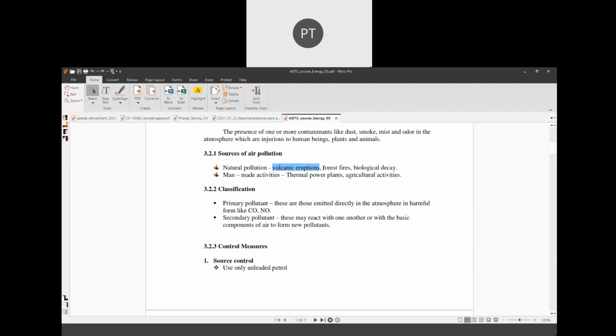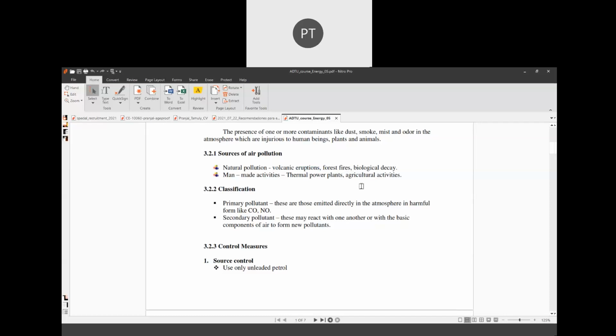A lot of smoke is produced during forest fires. This is a naturally occurring phenomenon that happens during the winter or dry seasons. During these seasons, due to forest fires, a lot of smoke is produced, which affects the environment.